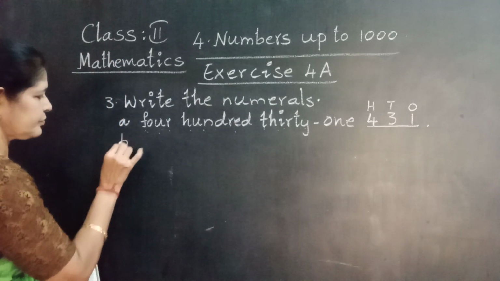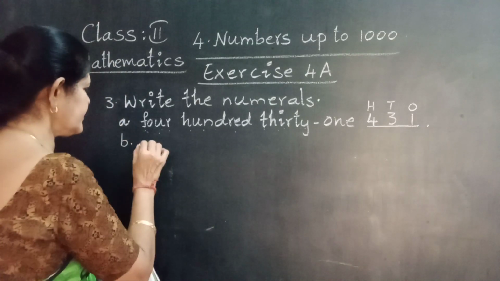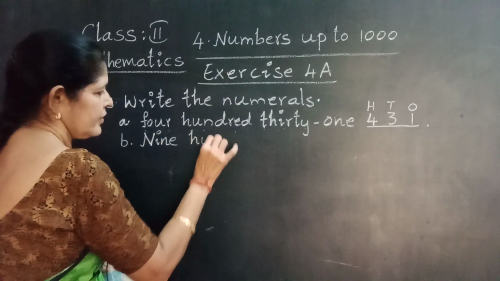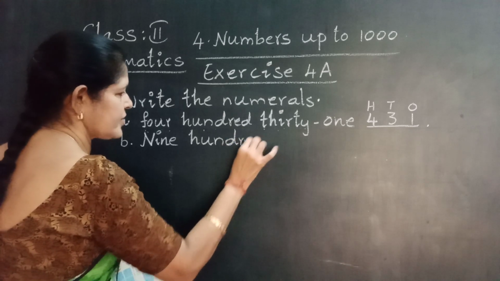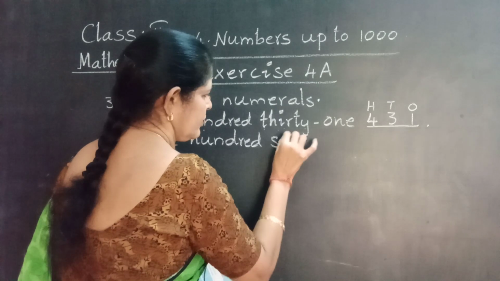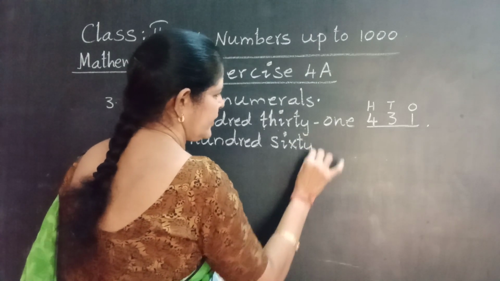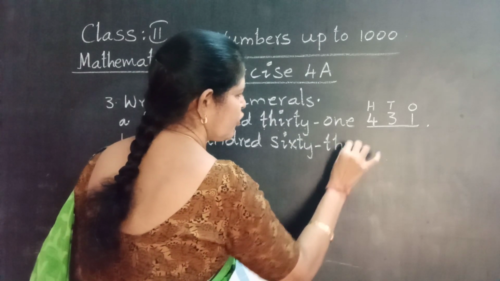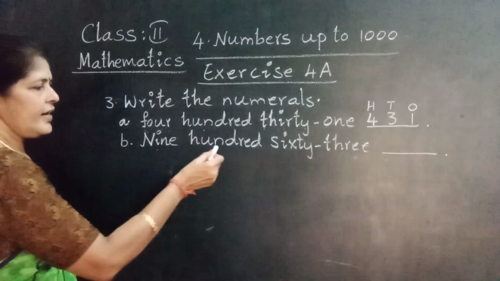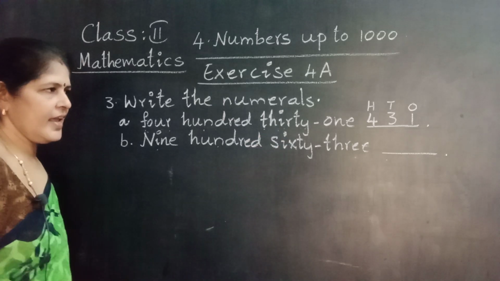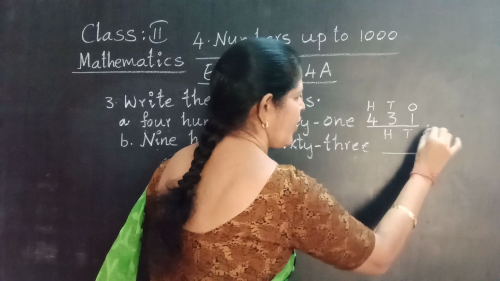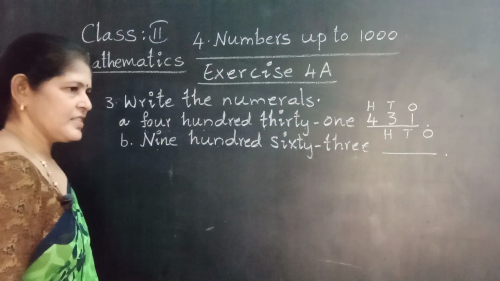B. Read the words. Yes, very good. Next word. Yes, you are very fast. Continue. Now read together the full spelling. 963. Again put the places: hundreds, tens, ones. O-N-E-S, ones.